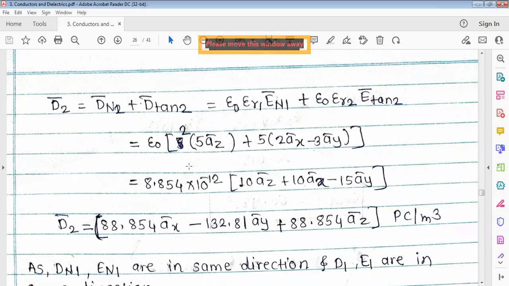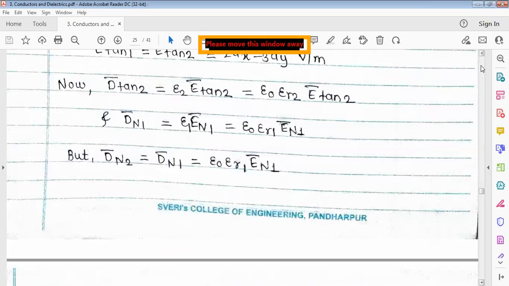Here you can see that D bar n1 is equal to D bar n2, and D bar n1 is equal to epsilon 0 epsilon r1 into E bar n1, which is equal to D bar n2. Therefore, we just put this value there.